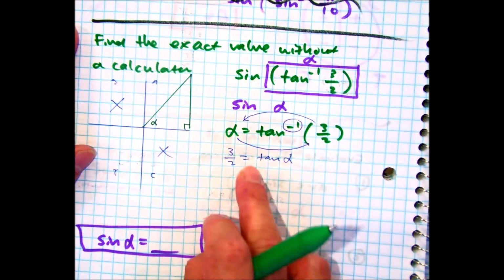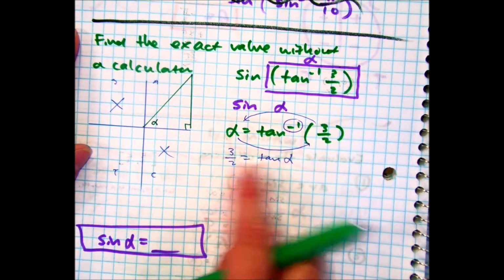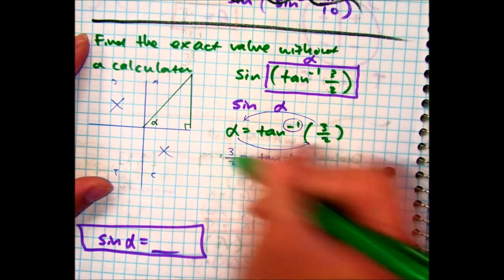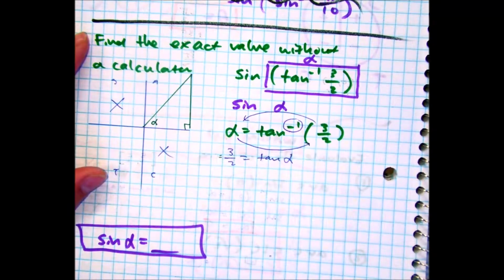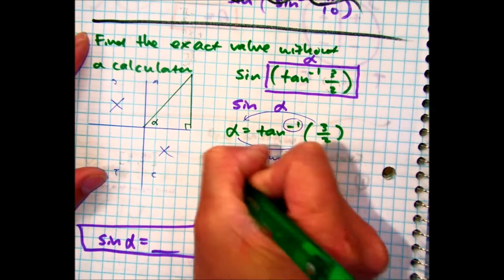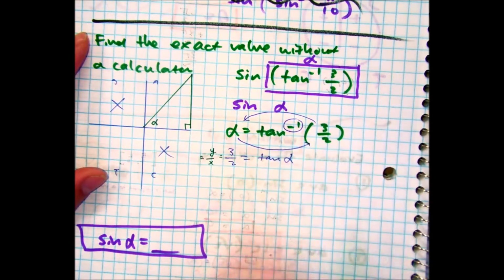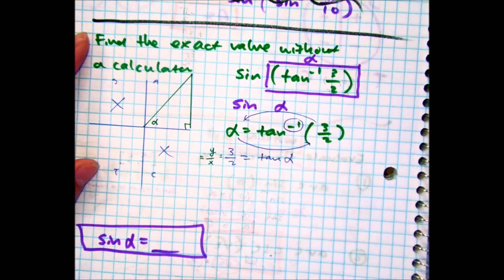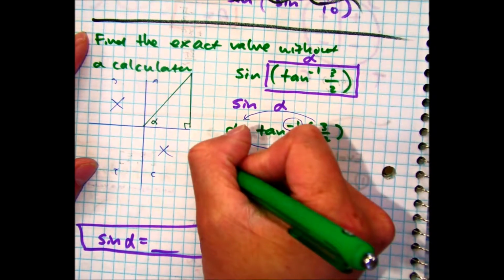It's telling me 3/2. Well, I know something about tangent. What are the letters you guys know about the side lengths of tangent? Y over x. Opposite over the adjacent.